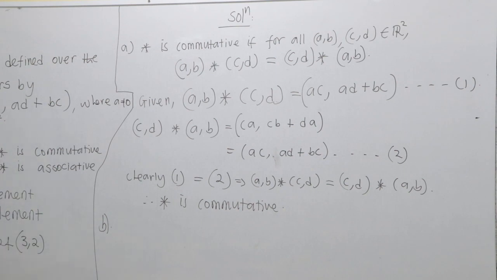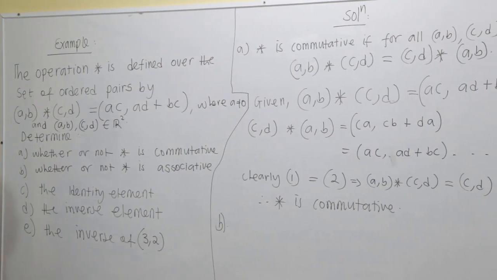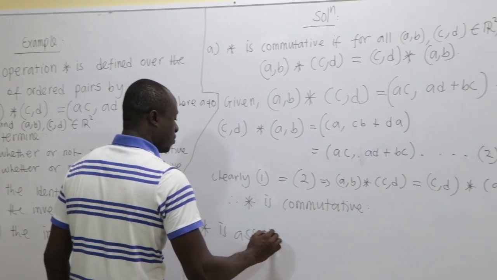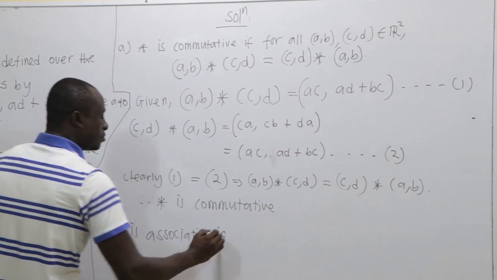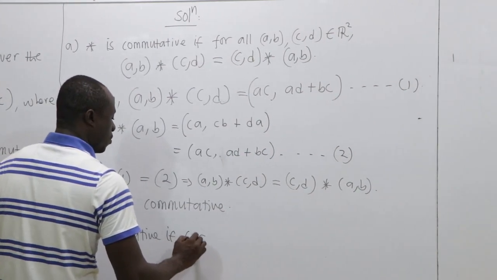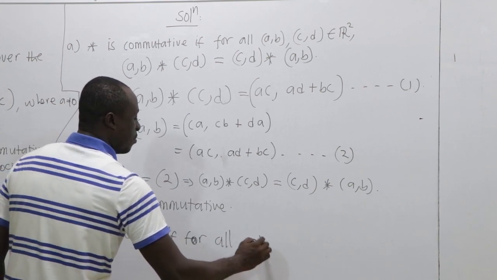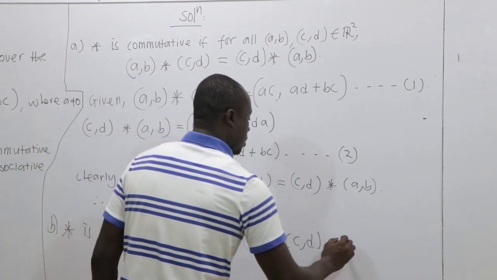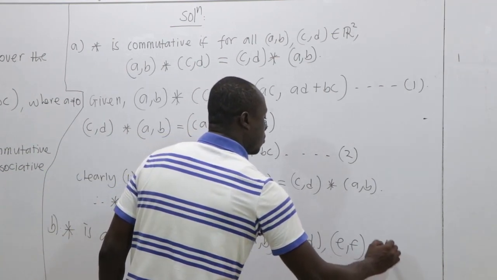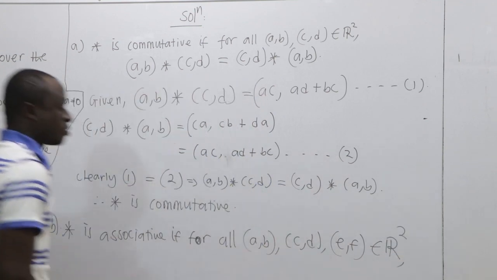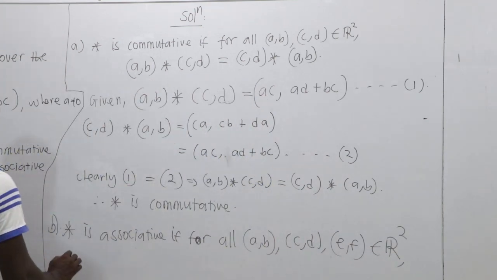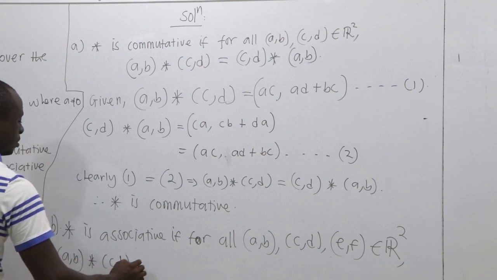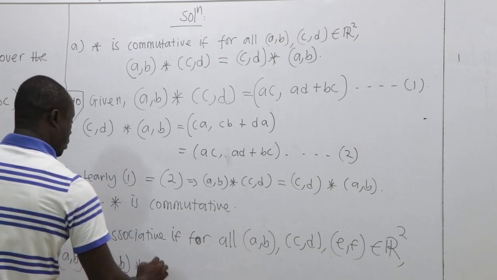Now what is question B saying? Question B says that we should determine whether or not star is associative. Now star is associative if for all (A, B), (C, D), (E, F), we should get three elements, a member of R squared, that is ((A, B) star (C, D)) star (E, F) is equal to (A, B) star ((C, D) star (E, F)).